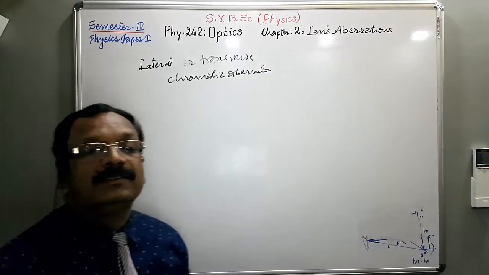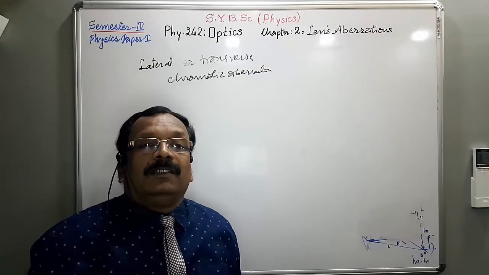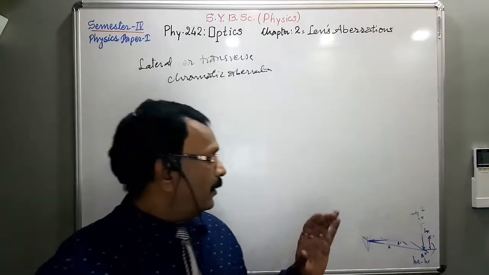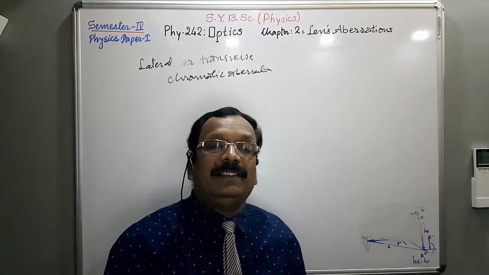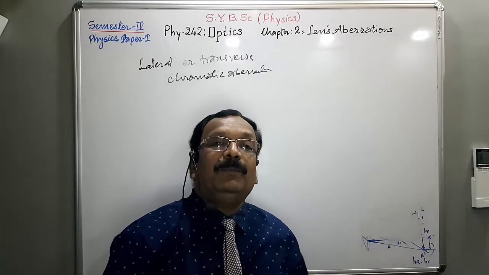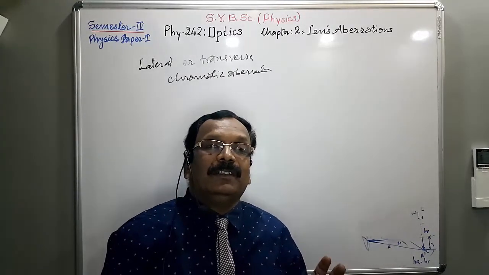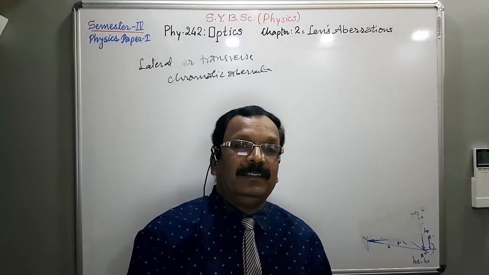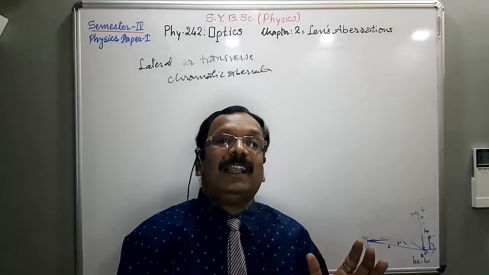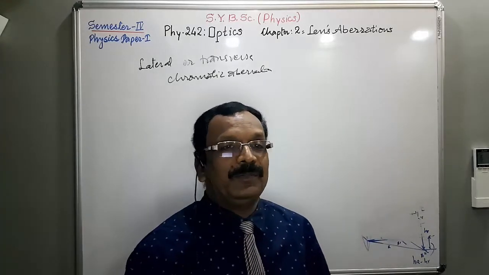As we know that when white light is incident on the lens, it will produce different images for different colors, and these images are at different positions.